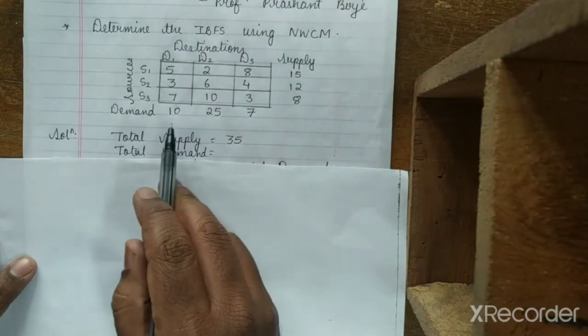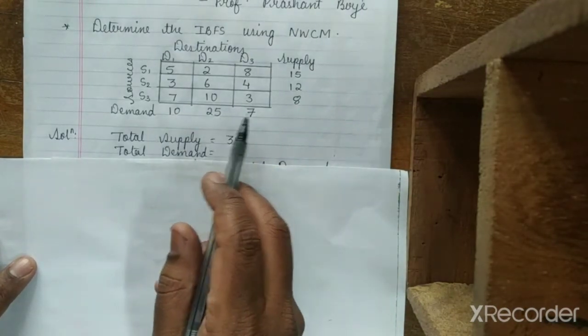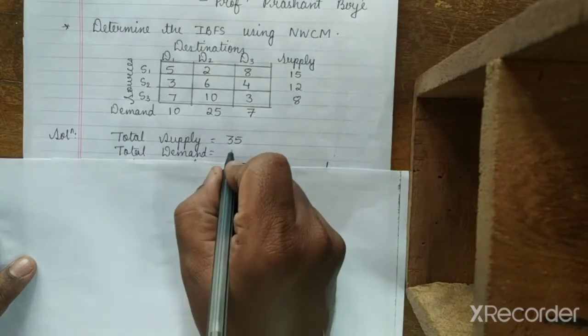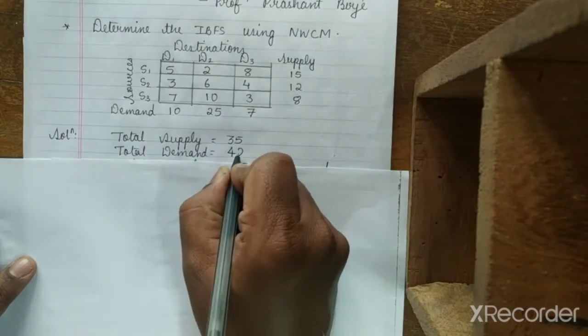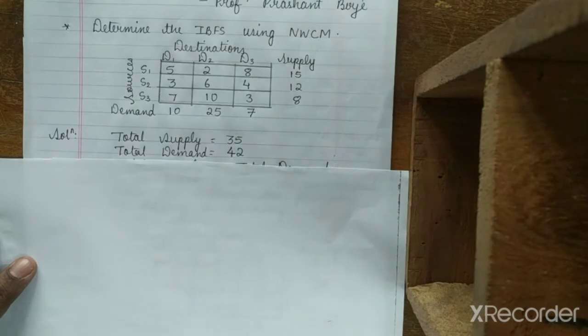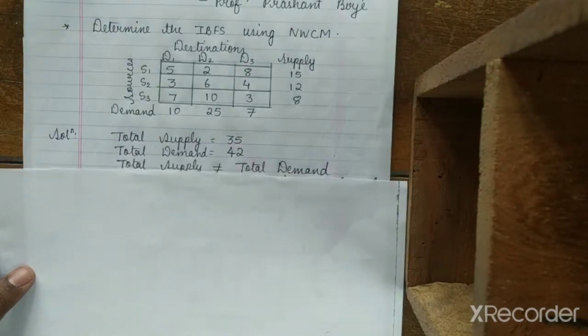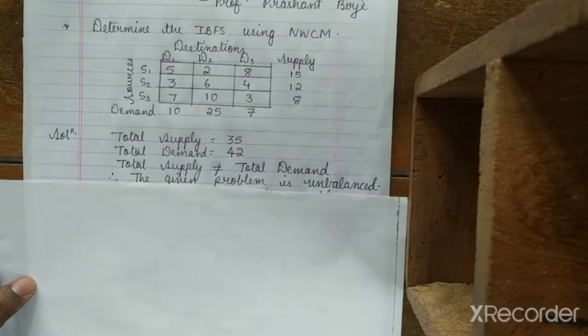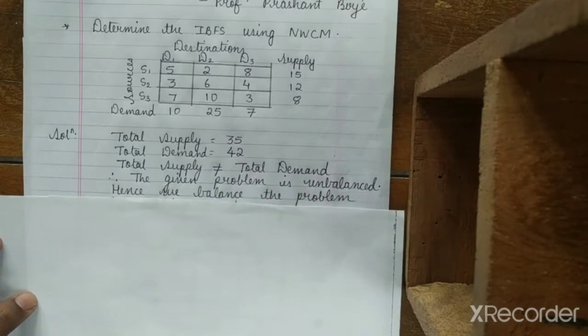Total demand is here 10 plus 25, 35, plus 7, 42. So clearly total supply is not equal to total demand. Therefore, the given problem is unbalanced, and that is why we have to first balance the problem. Hence we balance the problem.